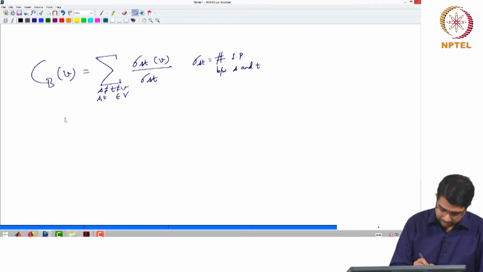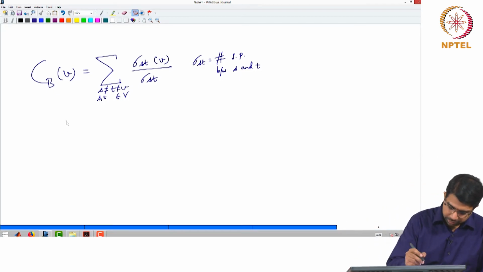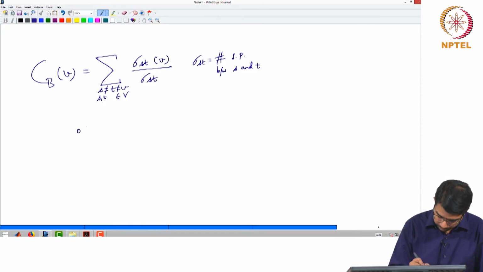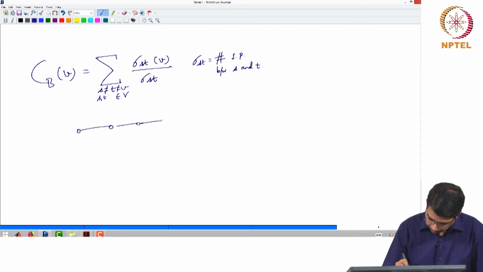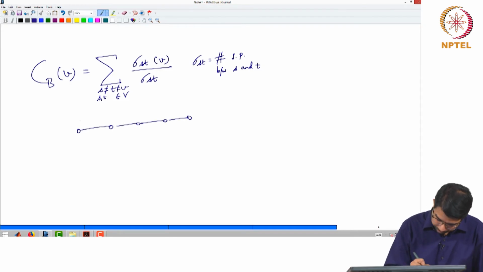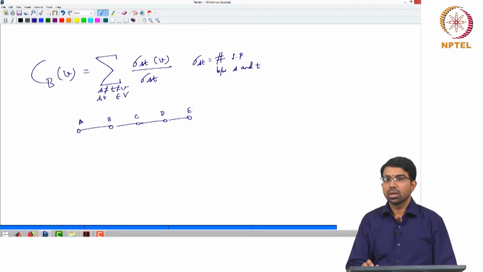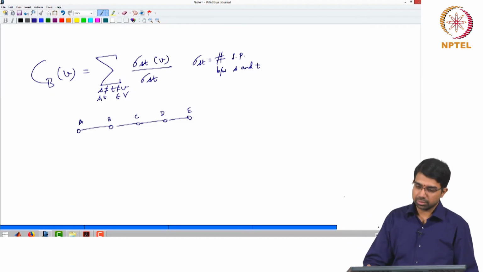Let us just look at a small example. So, here what is the betweenness centrality of C?